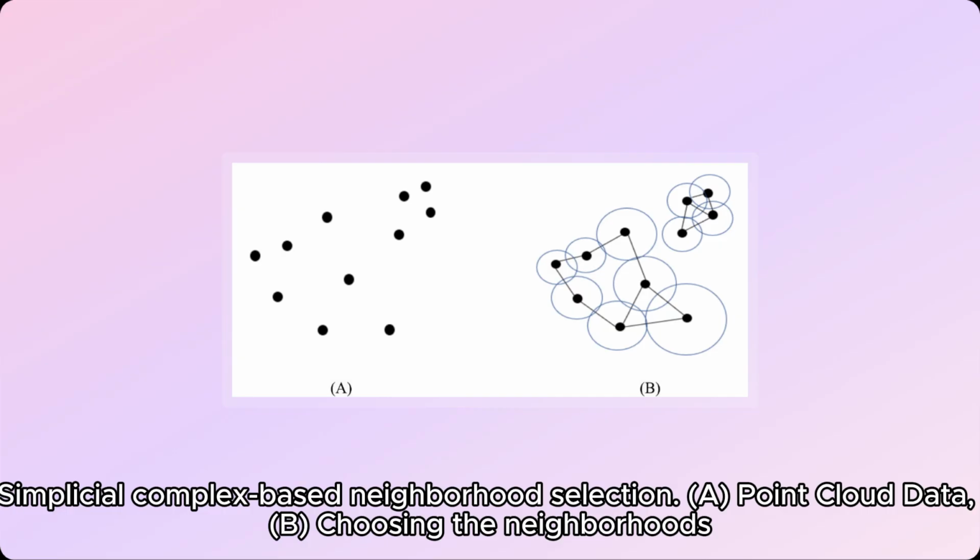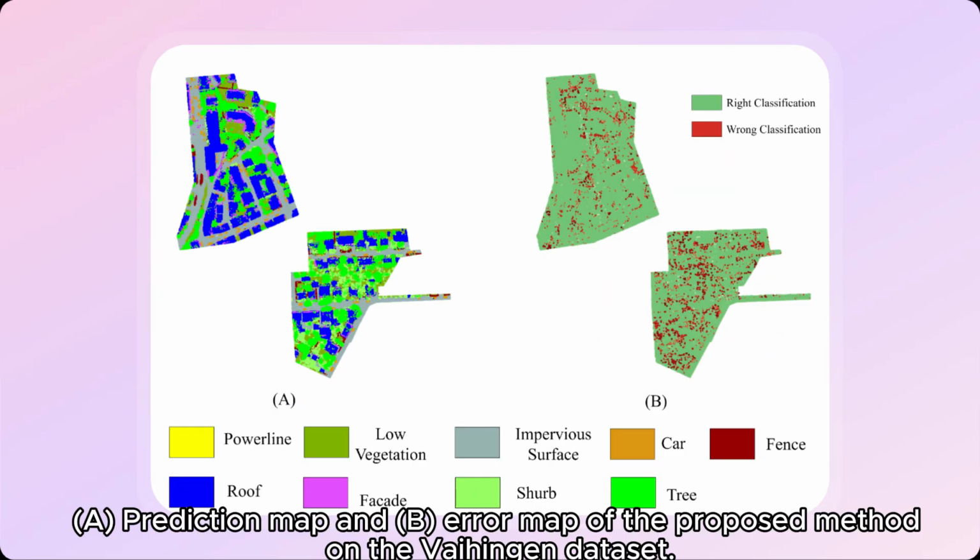So by picking neighbors much more intelligently within each region type, they can calculate much more accurate geometric features for each point. Things like eigenvalue-based features, omnivariance, and curvature we mentioned, and also elevation features. These refined features then get fed into a machine learning classifier. In this case, they use random forest to actually label each point: building, tree, ground, etc. And the payoff.